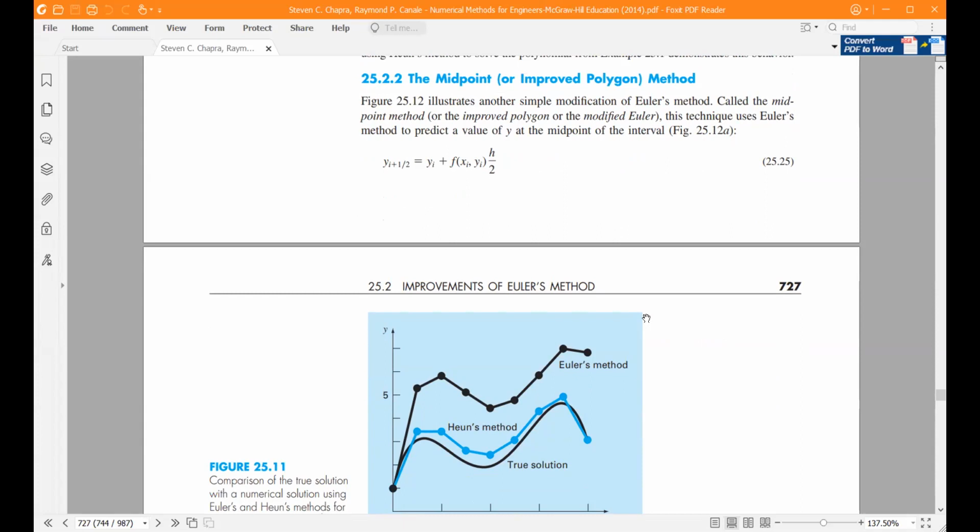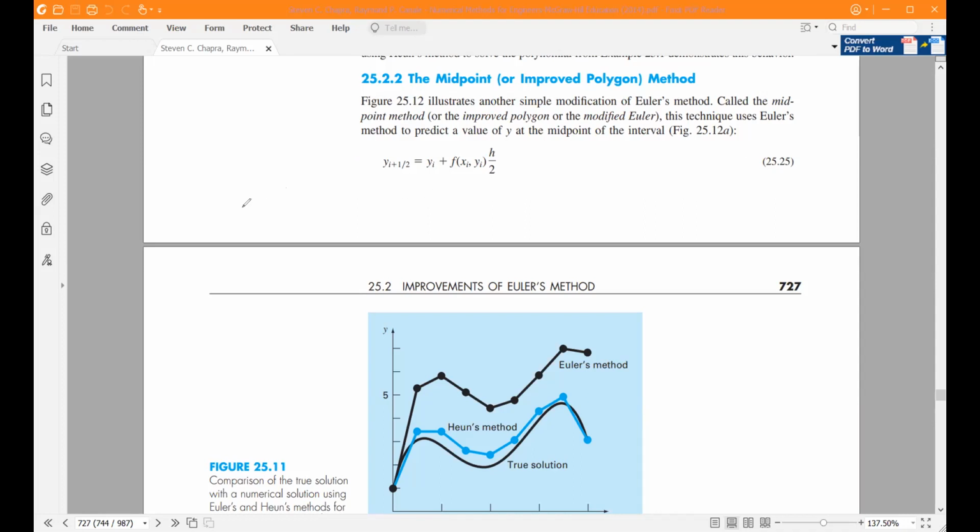And in the midpoint method, your slope is calculated at the midpoint. This equation 25.25 is nothing but your Euler's rule, applied at the midpoint between two intervals, isn't it?